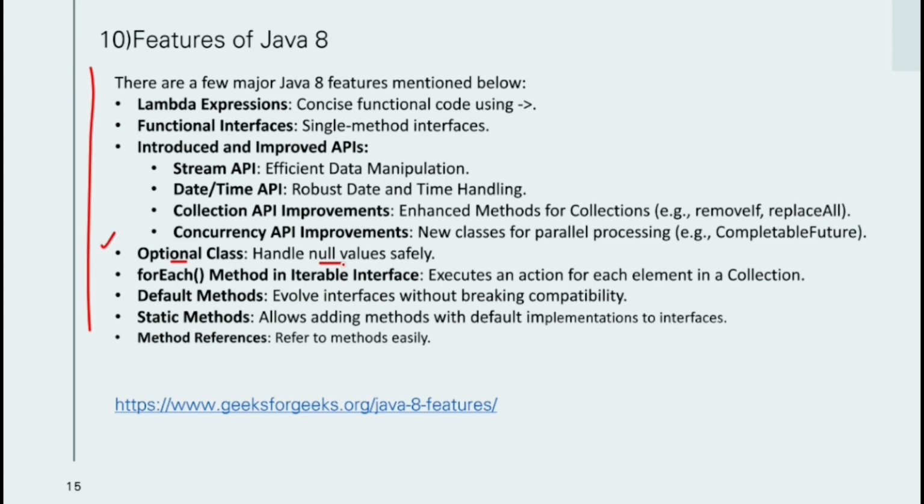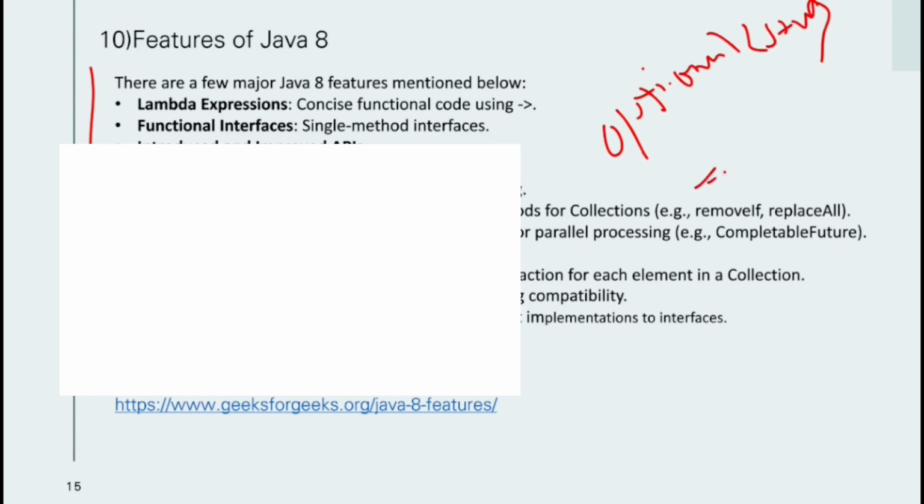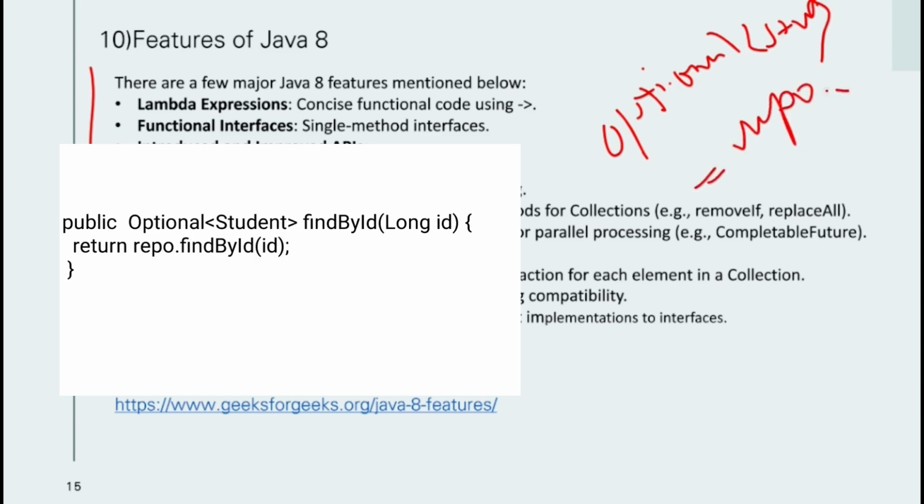In that case you will get null values, right? So in that case you can use the Optional class. You write Optional, and then something like Optional of Student, then repo.findById(id). This kind of thing you can do.